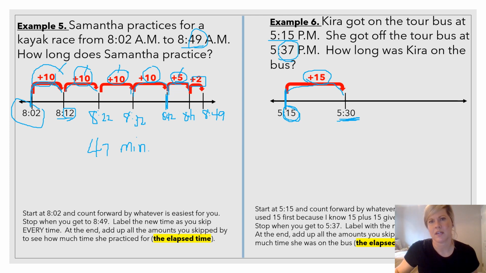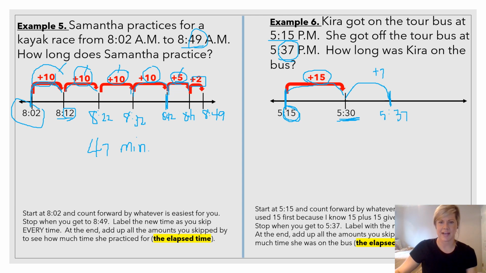What do you think would be a good number to jump by next? If you're thinking 7, that's a good choice. If you want to do 5 and then 2, that's fine also. It does not matter. You get to choose. We're going to do 7 because I know 30 plus 7 would give me 5:37.